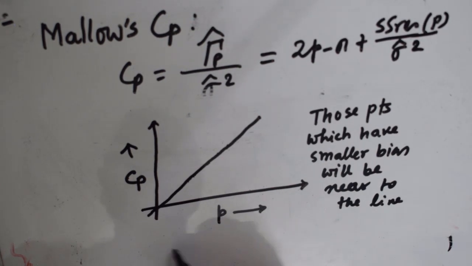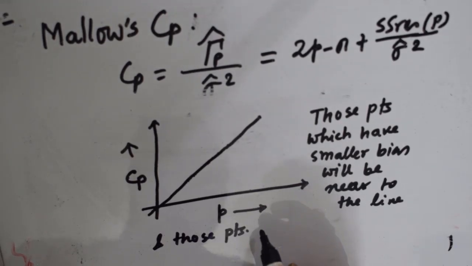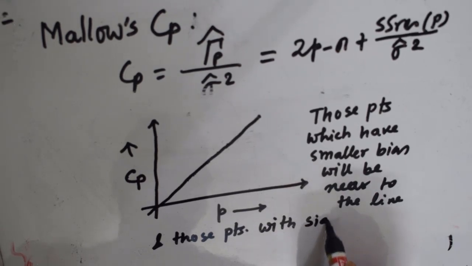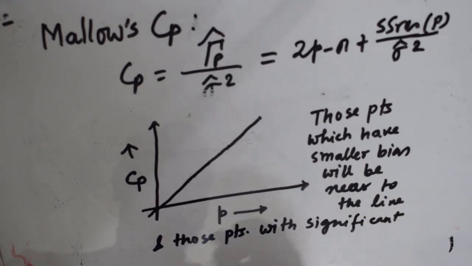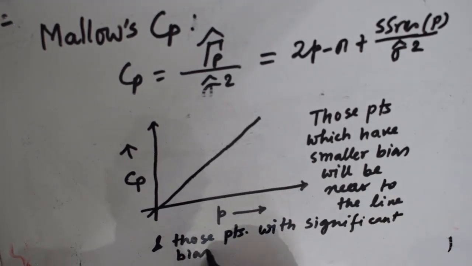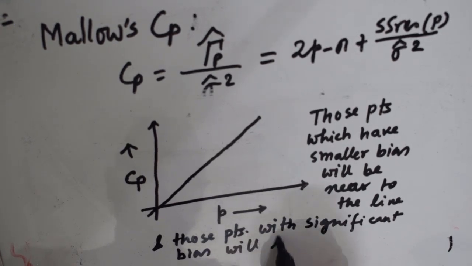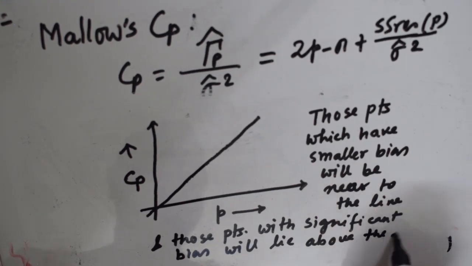And those points with significant bias will lie above the line.